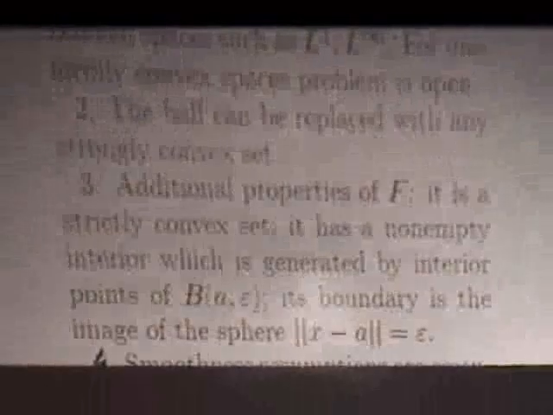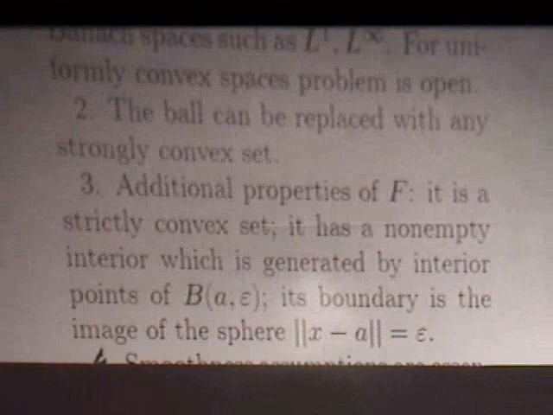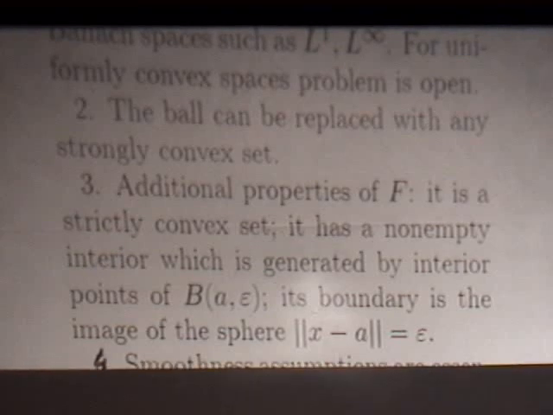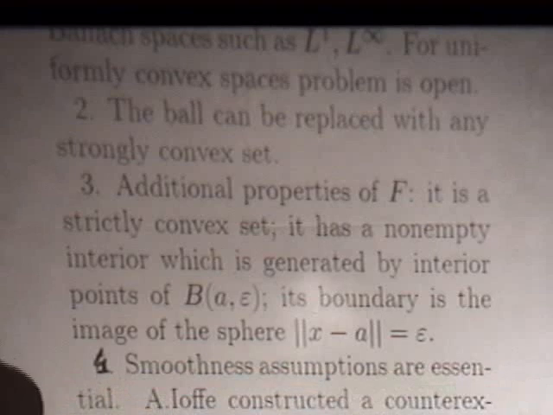Then we can establish some additional properties of this image. For instance, it's not only a convex set, but a strictly convex set. It has a non-empty interior, the interior is the image of the interior of the ball, and the boundary is the image of the sphere, of the boundary points of the ball.